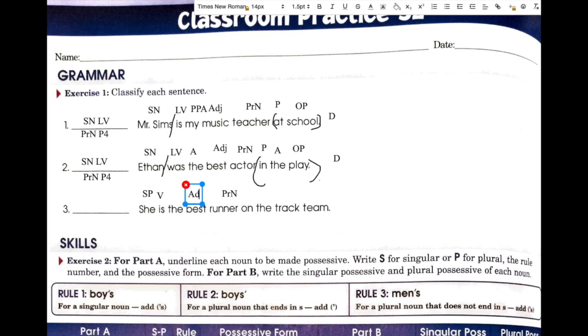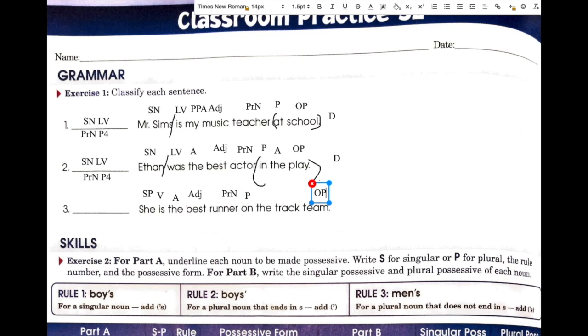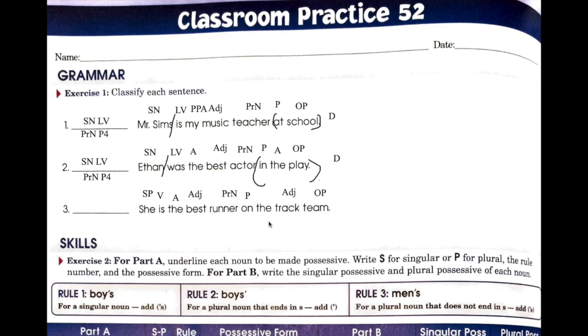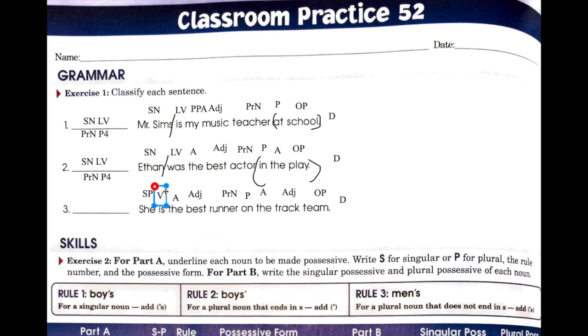What kind of runner? Best runner, adjective. The is always an article adjective. On is always a preposition. On what? Team, object of the preposition. What kind of team? Track team, adjective. The is an article adjective. Period statement, declarative sentence. Oh, I forgot to go back and change the verb to a linking verb. I hope you remembered to do that.